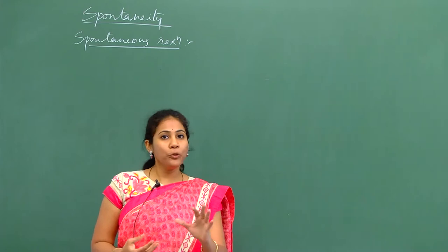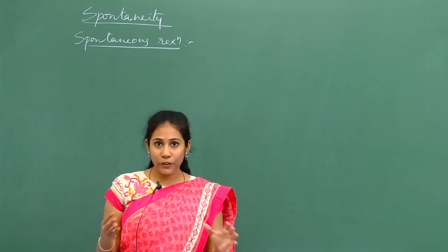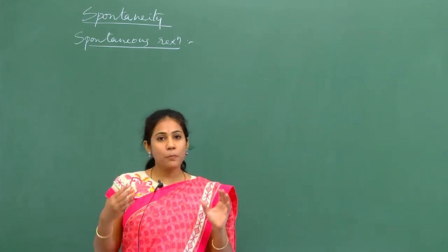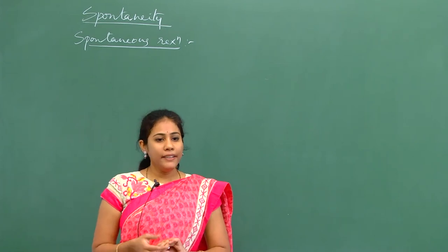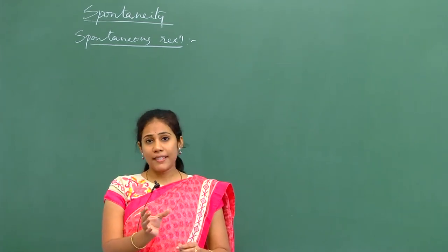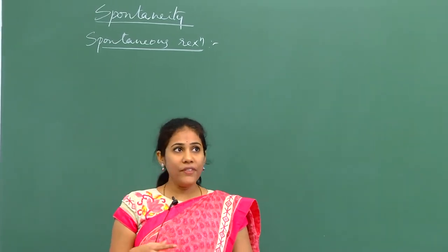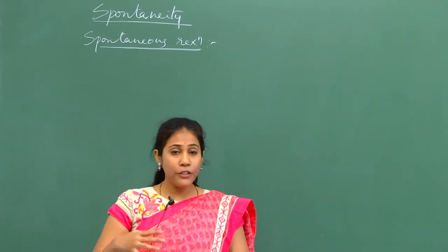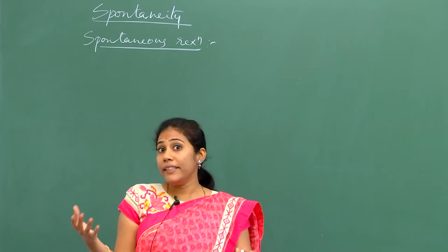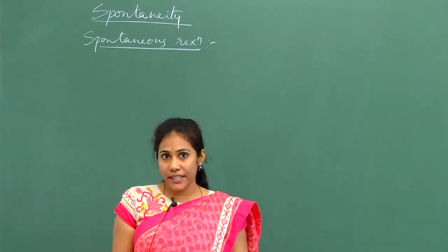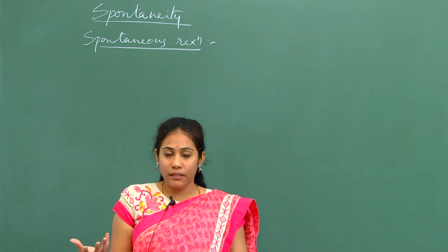So now we have moved to the last aspect of the chapter, that is called spontaneity. In the initial class, in the introduction part of thermodynamics, I said that with the help of certain concepts you can decide whether a reaction is difficult or easy, possible or not possible.